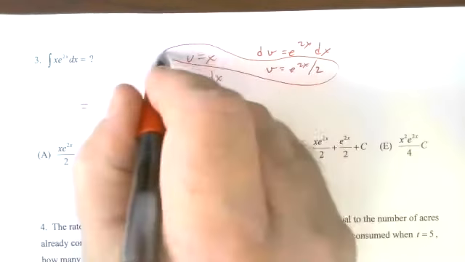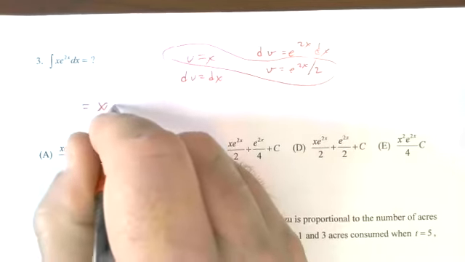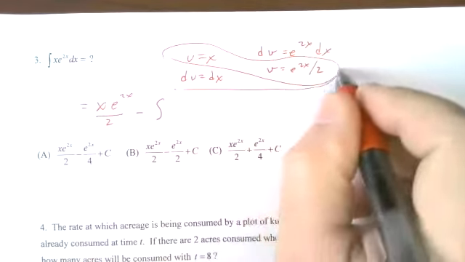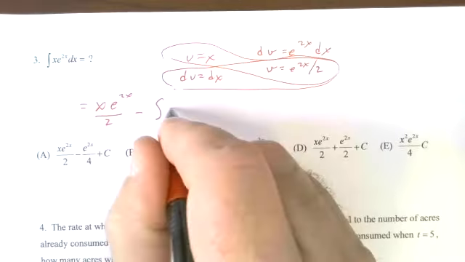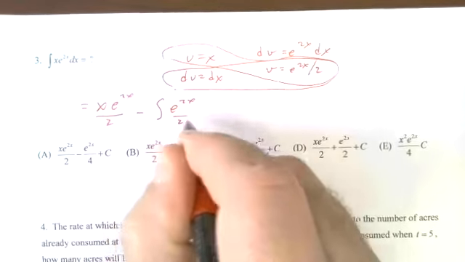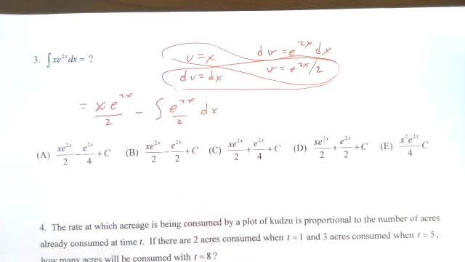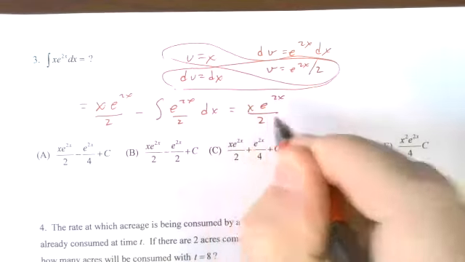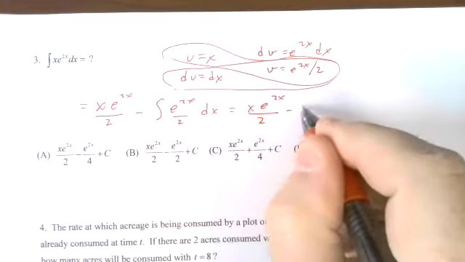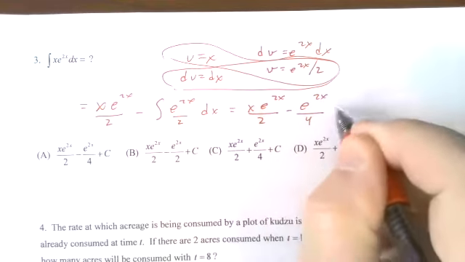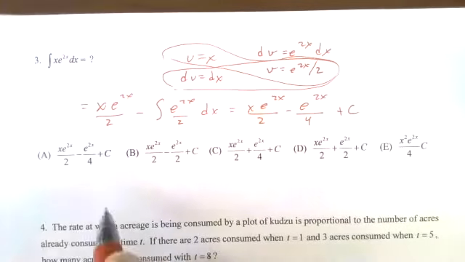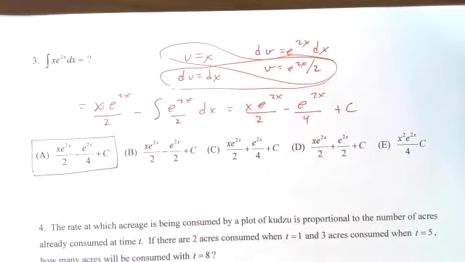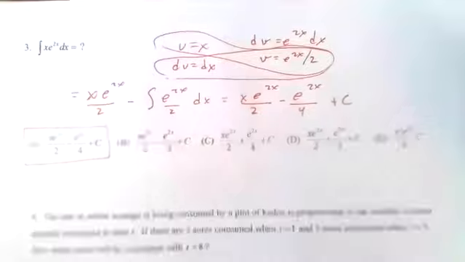That equals x e to the 2x over 2 minus the integral of e to the 2x over 2 dx, which equals x e to the 2x over 2 minus e to the 2x over 4 plus some c sitting out there.